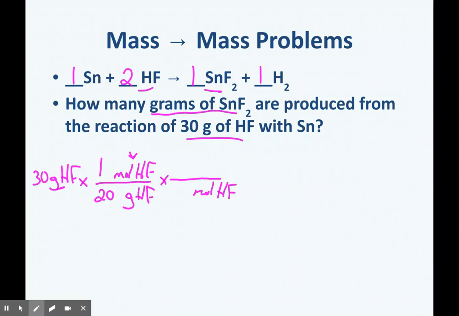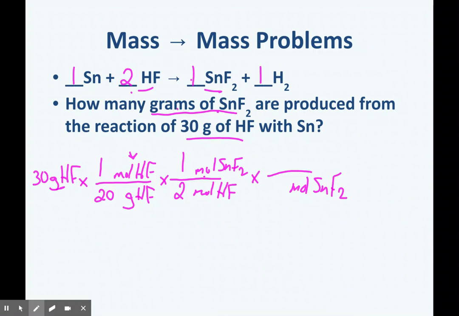Now we can switch to our other substance, so moles of, and we're looking for SnF2. So here's going to be our ratio. So SnF2 was a 1, HF is a 2. We have moles of SnF2, so that's going to go on bottom.